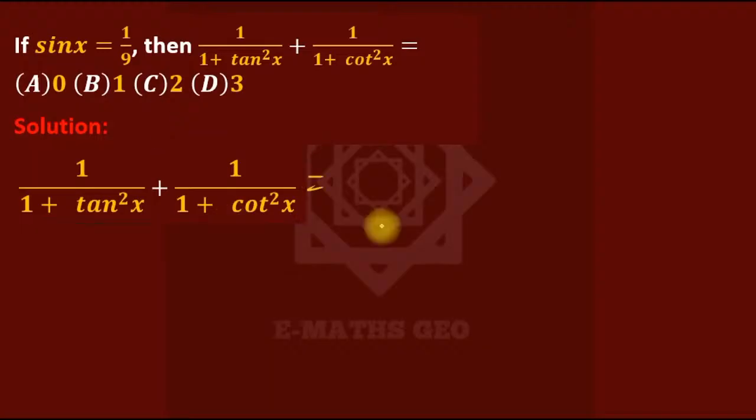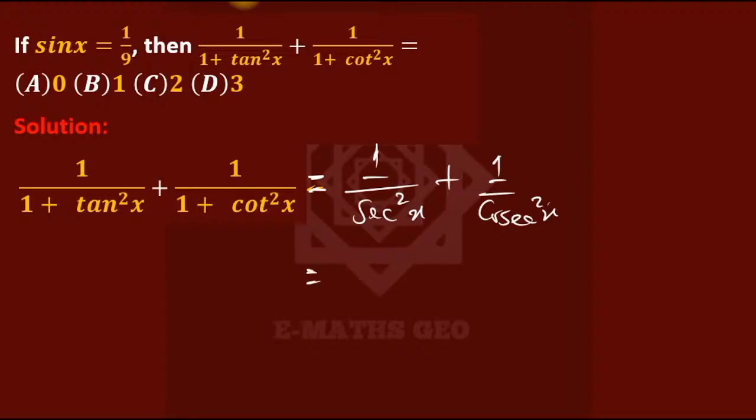First, use what we've done: 1 plus tan squared is sec squared, and 1 plus cot squared is cosec squared. We know that sec is 1 over cos, so 1 over sec is cos, so cos squared.